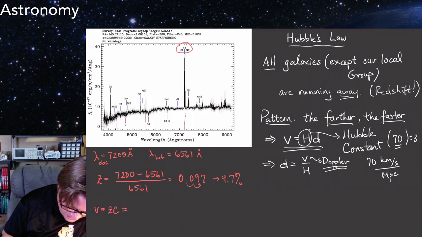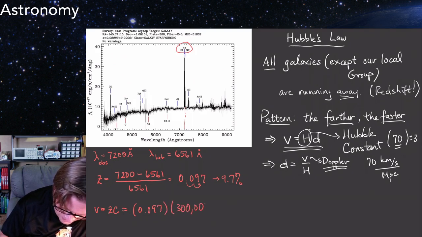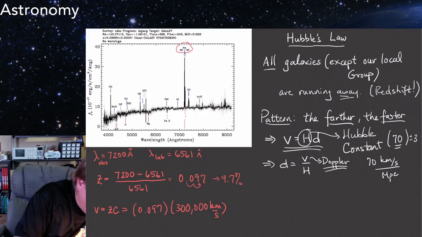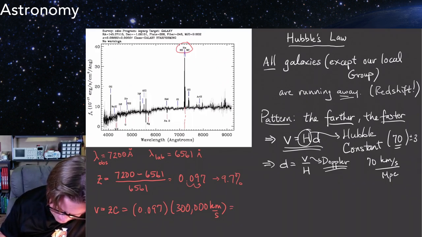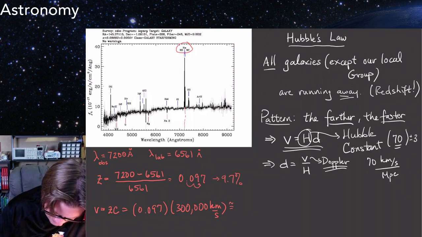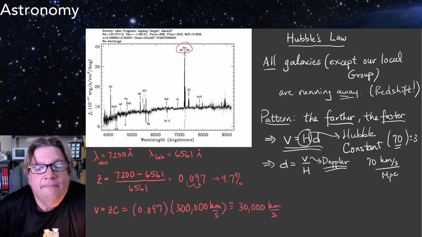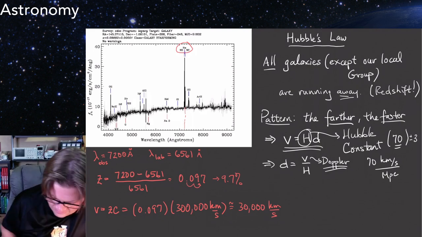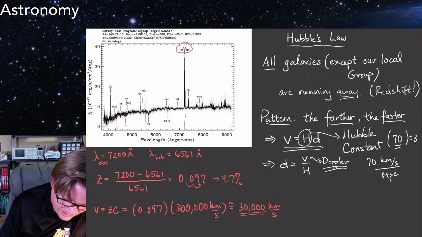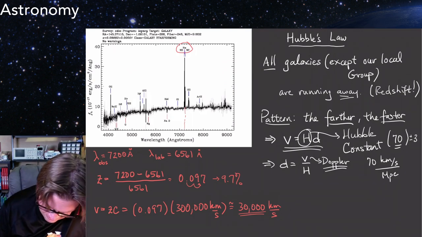So this is going to be 0.097 times the speed of light, which we're going to use as 300,000 kilometers per second. Fast light travels. So if I do that, it's about 10%. That's going to be about 30,000 kilometers per second. It's my v.